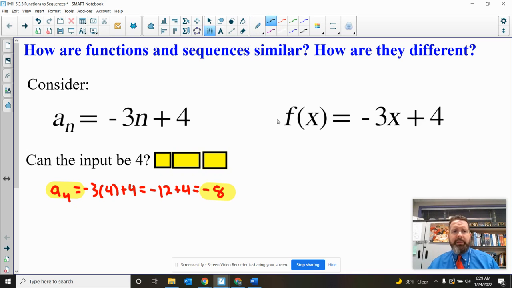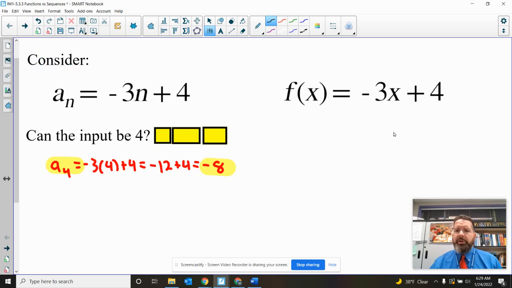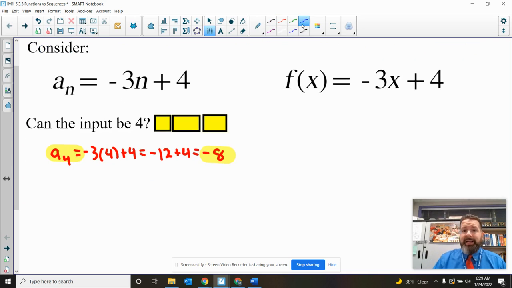Let's now see if we can put that same 4 in over here for this function. Now on this side, having an input of 4 means the x would be 4. So a 4 in for this x, a 4 in for this x. And I hope at this point you're realizing, wait a minute, this is just the same calculation we did before.